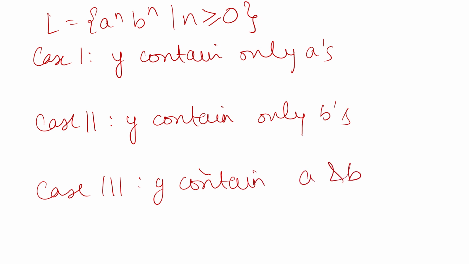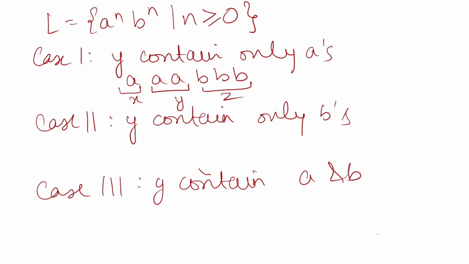a and b. So if we take this case, suppose we take a string a, a, a, a, a, b, b, b. Only a in y. So I'll take this as x, this as y, and this as z.